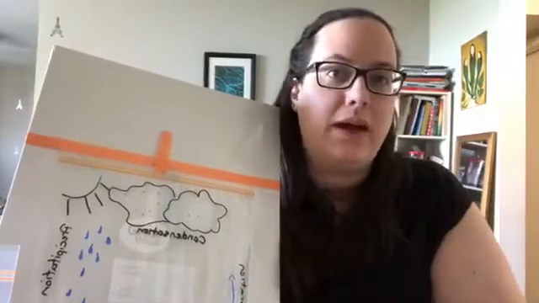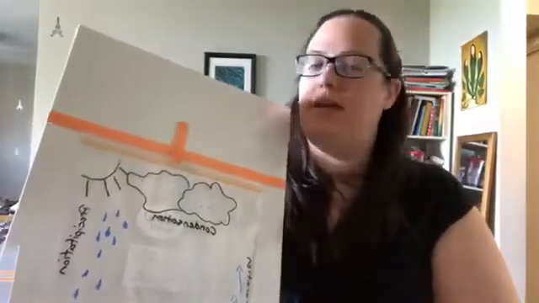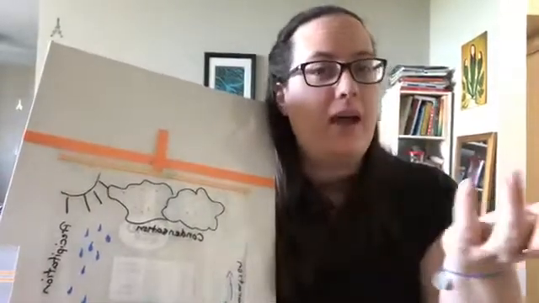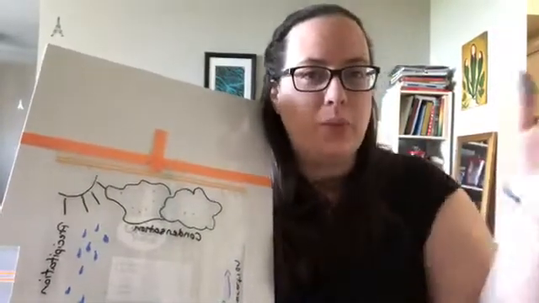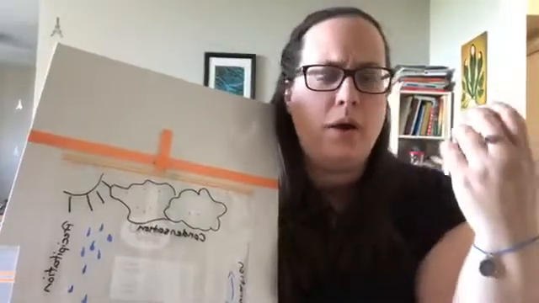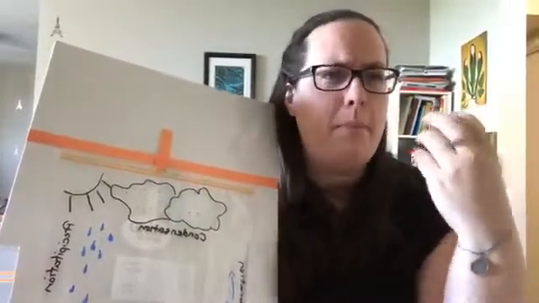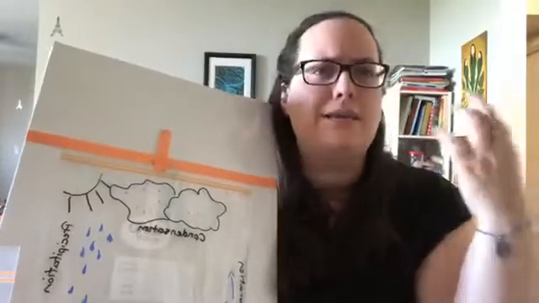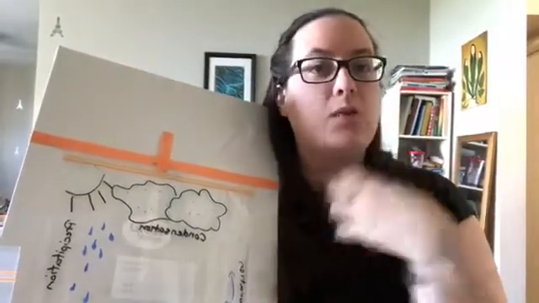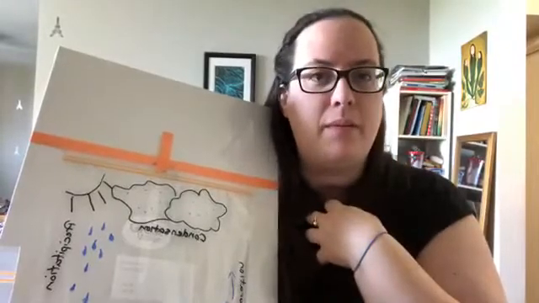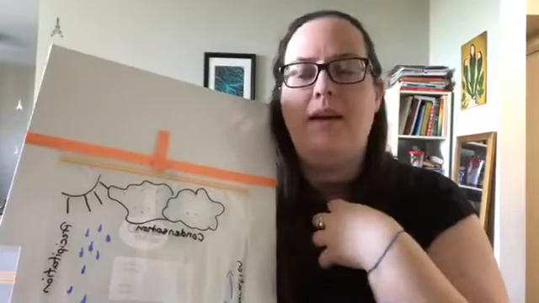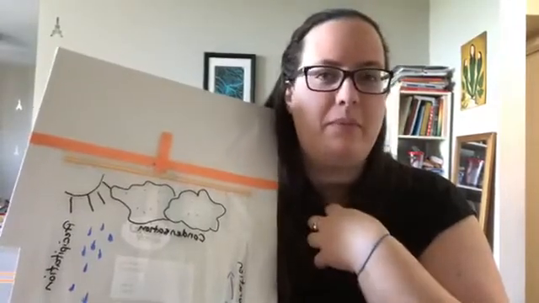So you can do that to have a look at the water cycle and understand a little bit more about how our life cycle works for our resources, our trilliums and our maple trees and our snakes and our turtles and our frogs and all the different animals that we've been talking about, as well as for the humans in our environment, like us and the people who lived here before us, and before them, and before them.